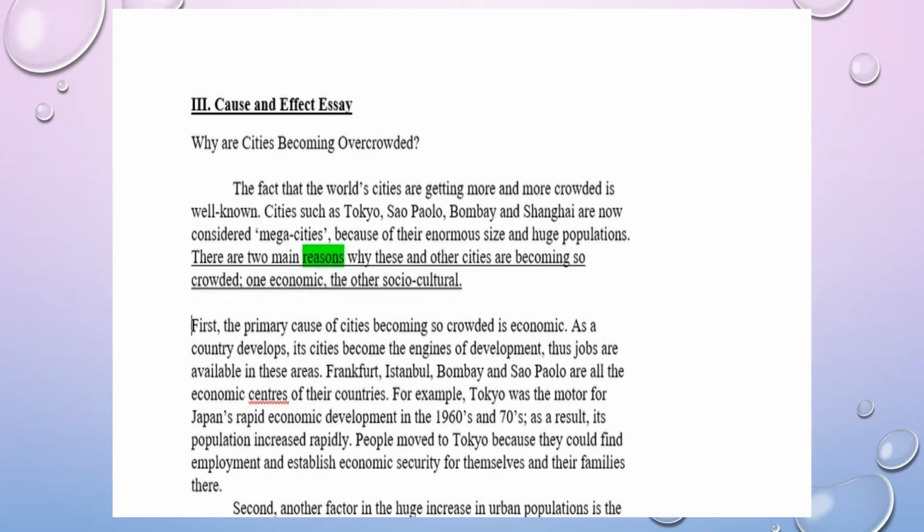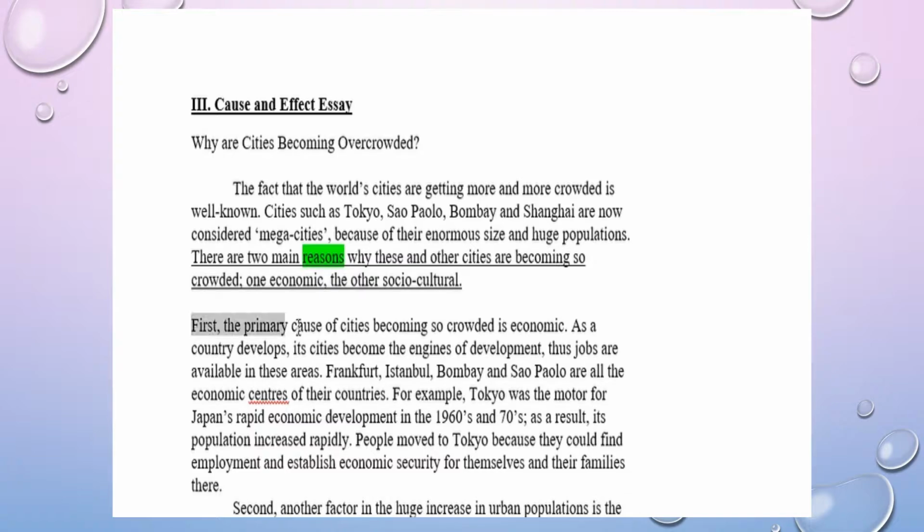So for this particular essay, we know that the body paragraphs will give us the two main reasons cities are becoming overcrowded. I want to suggest that you use transitions in your essays, just like we use transitions in our paragraphs: first, second, also, first step, second step, third step, to help the flow of the essay. Just like words like first, second, third help the flow of your paragraphs.